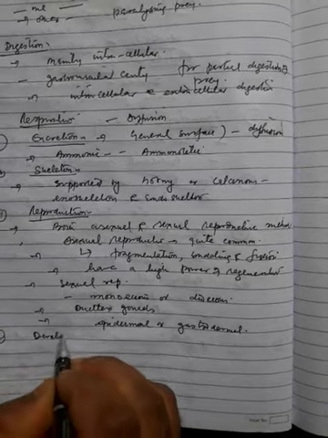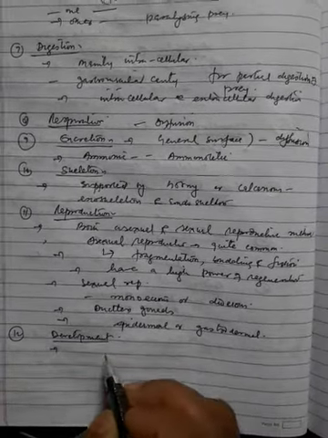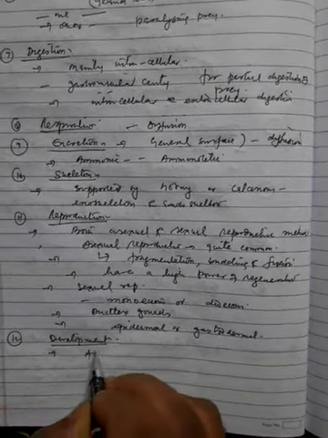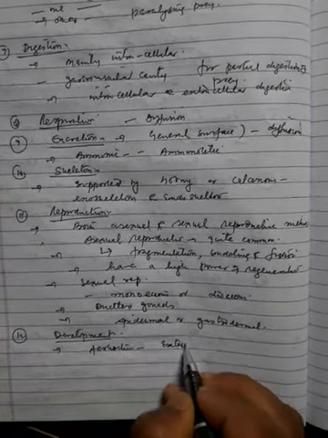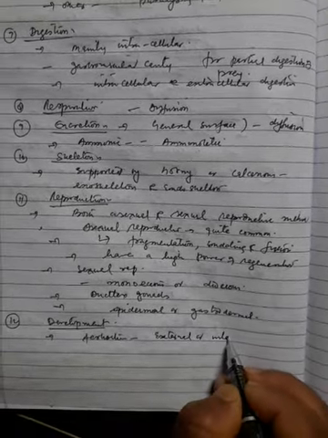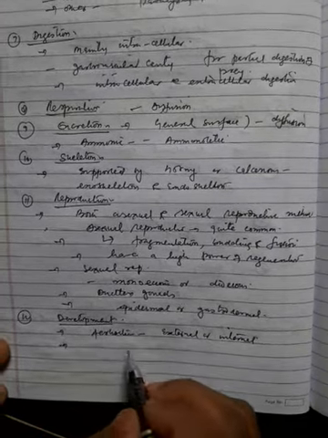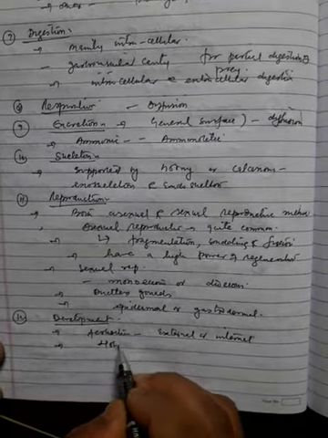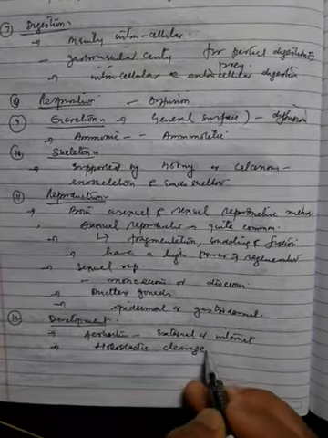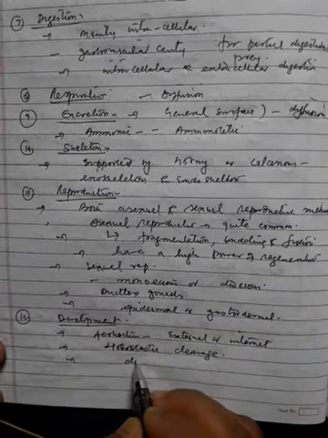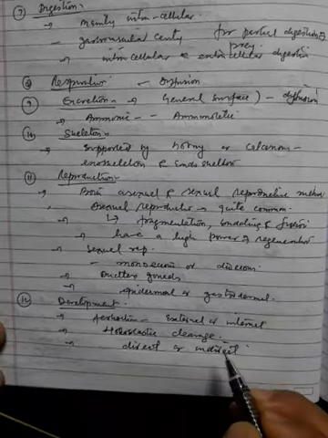Now comes the development. In case of cnidarians, fertilization can be external or internal. They possess holoblastic cleavage. So the development is either direct or indirect.